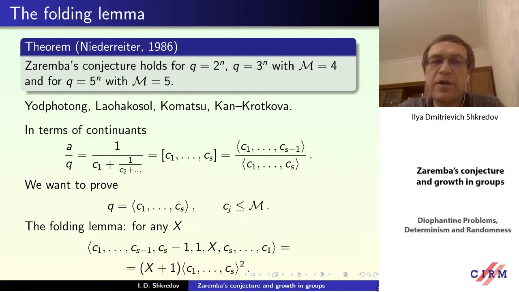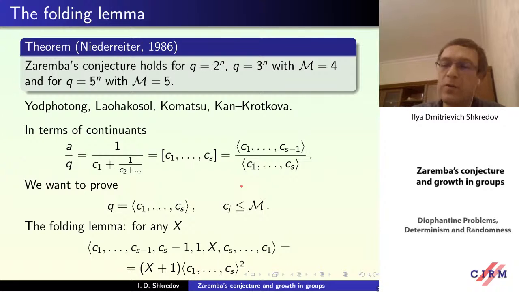And more or less all these results are based on the following idea, the so-called folding lemma. There are several variants of the folding lemma. I will just mention one of them. If I consider my continued fraction expansion, I can write the numerator and the denominator like two polynomials, and these polynomials are called continuants.